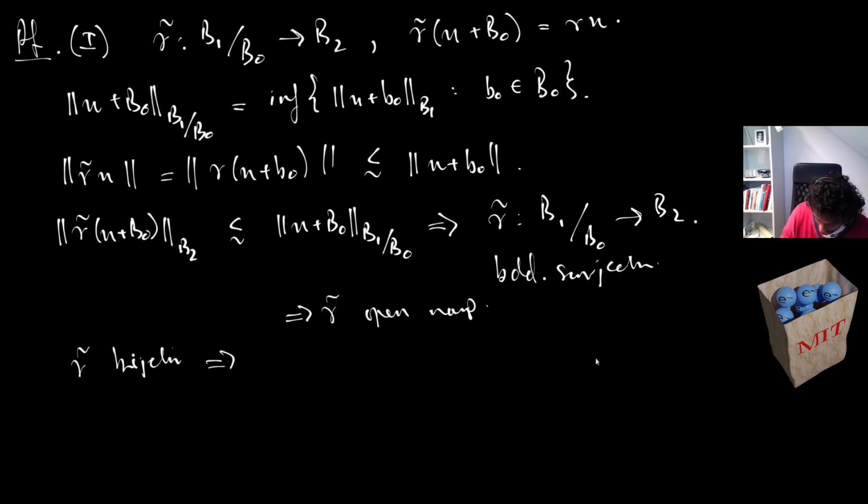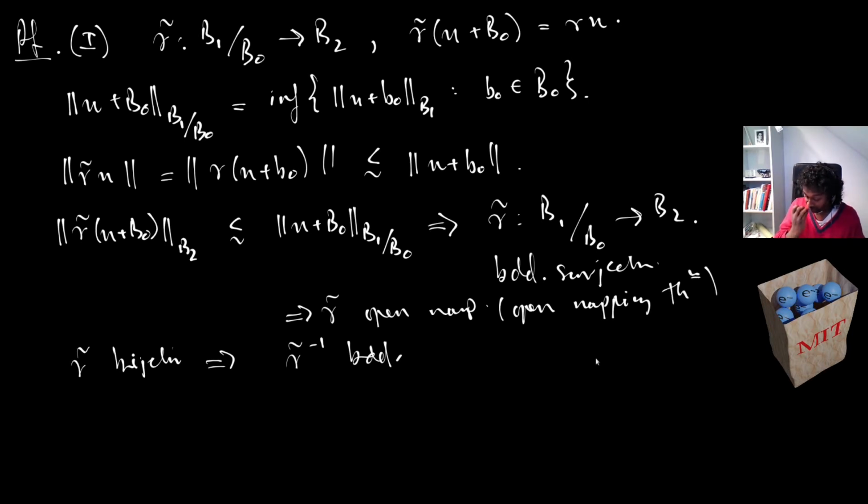Which implies that gamma inverse is bounded because it's an open map, right? So this is just the open mapping theorem. Okay, so now we have an isomorphism, a Banach space isomorphism.